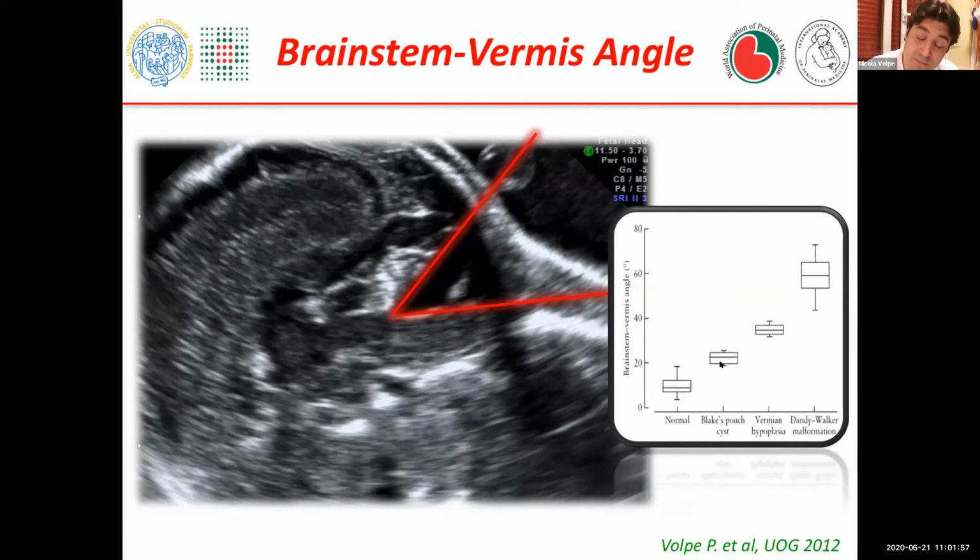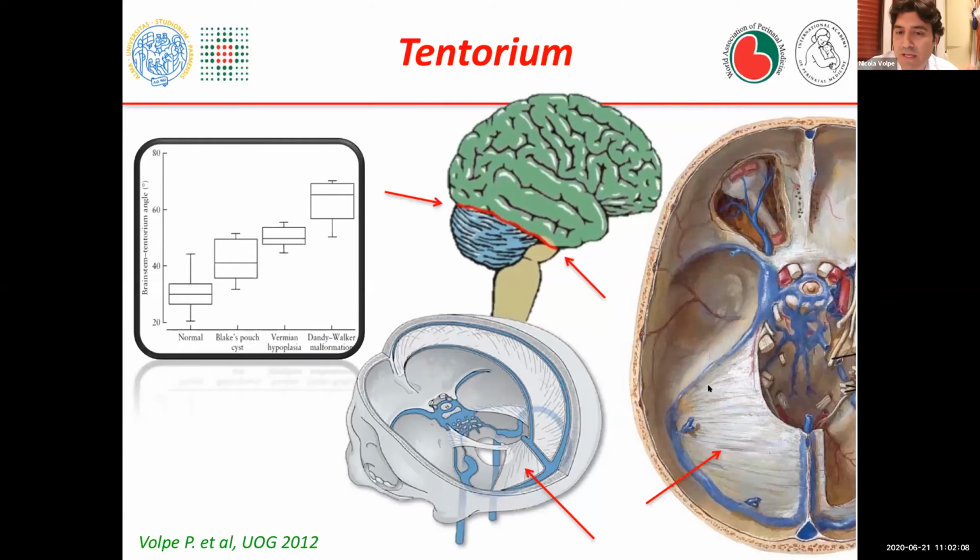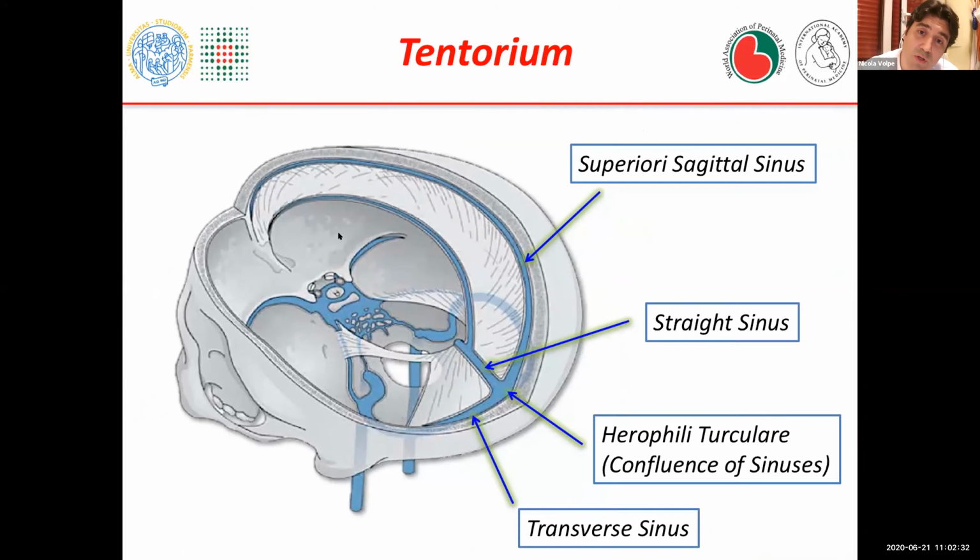Actually, it's difficult to visualize directly the tentorium, and the supraelevation of the tentorium could be identified when we check as a landmark the straight sinus, that is this one, or the torcular Herophili. We can calculate the angle between the brainstem and the tentorium. When it is above 50-60 degrees, that is suggestive for Dandy Walker malformation.